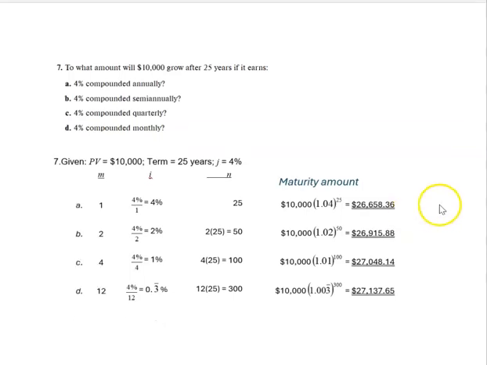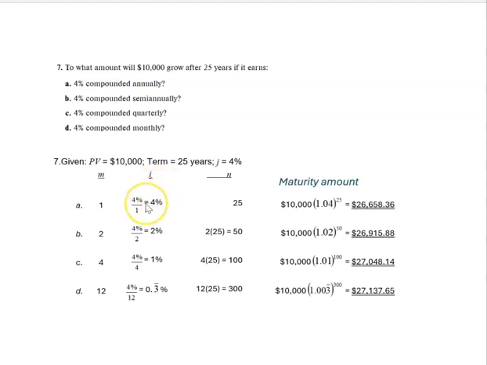Okay, so again, this is another very similar question. It's going to be your 4% compounded annually, your 4% compounded semi-annually, your 4% compounded quarterly, and your 4% compounded monthly. So this is going to change what your periodic interest rate is going to be.